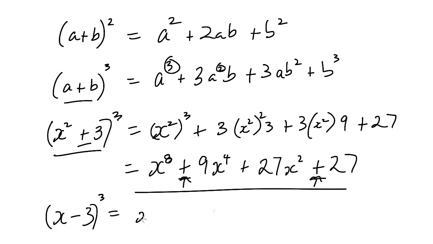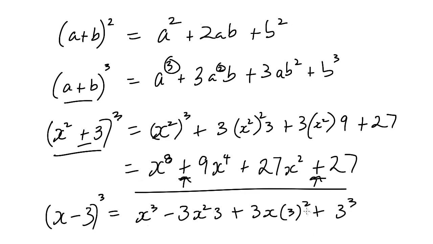So I'd end up with x cubed minus 3 multiplied by x squared times 3, plus 3 times x multiplied by 3 squared, plus 3 cubed. Sorry, that one's minus.